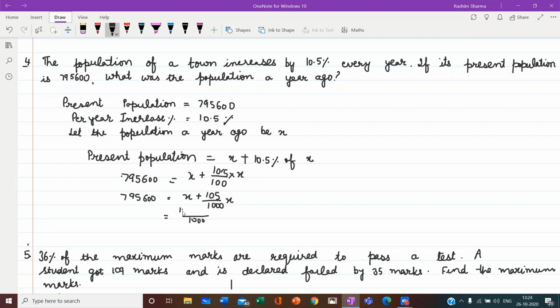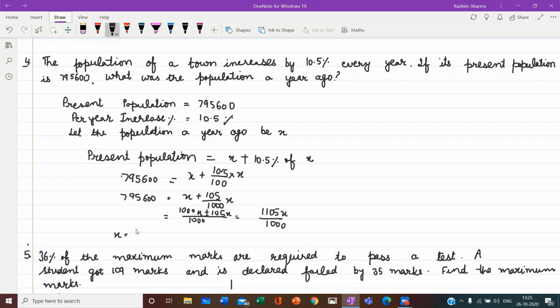Now if we take LCM on this side, LCM is 1000. So 1000 into X plus 105 into X. So it comes here as 1105 X on 1000. So when we find the value of X here, we will take its multiple to the other side.